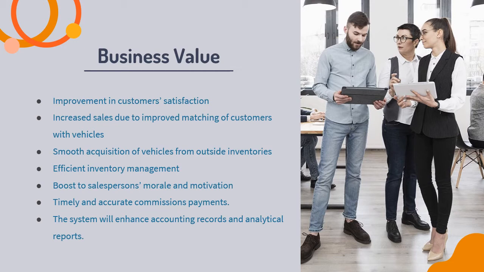Also, the functionality will allow for the smooth acquisition of vehicles from outside inventories to prevent losing sales while inventory changes are managed efficiently so that salespersons know exactly what is available. In other words, they will know what's on hand or what they can bring in to make the sale. That will have a positive effect on the bottom line by increasing revenue and reducing inefficiency costs.